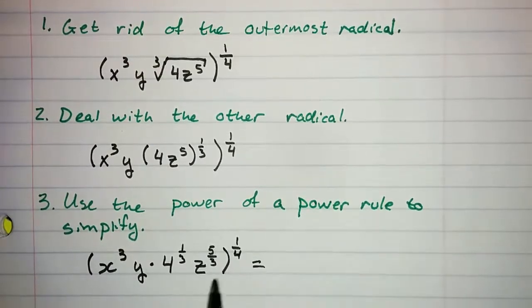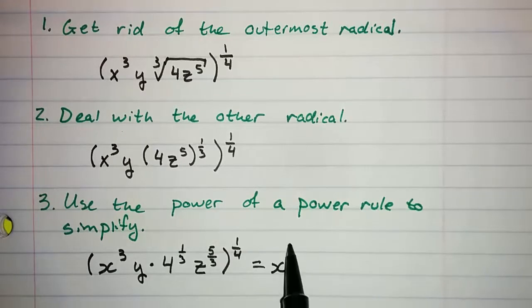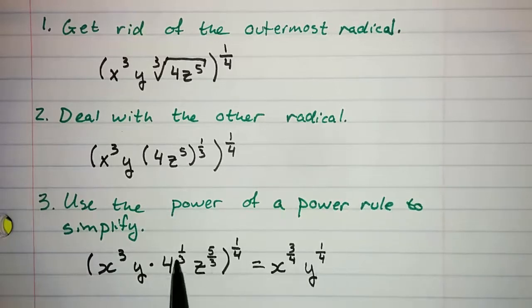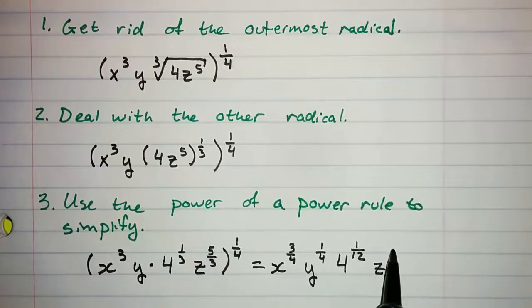And then dealing with the next set of parentheses, 3 times 1/4 is 3/4. y doesn't have an exponent, so I just have y to the 1/4. 1/3 times 1/4, I have 4 to the 1/12. 5/3 times 1/4 is 5/12.